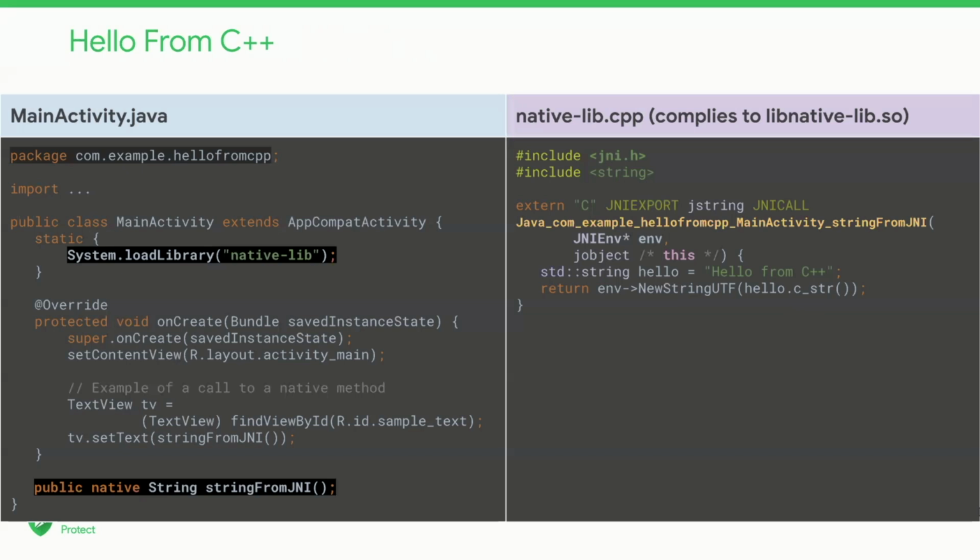Then anything in Java that's listed as public native, it will look in the loaded native libraries for a method that's matching that name. By default, it will follow this format where it starts with Java and then has the full package name and class name and the method name. But that's not the only way to do it.